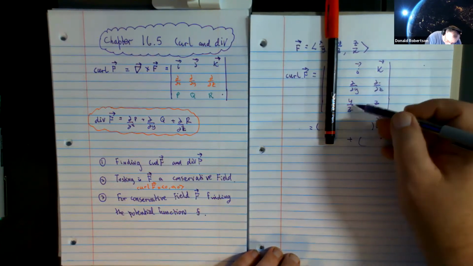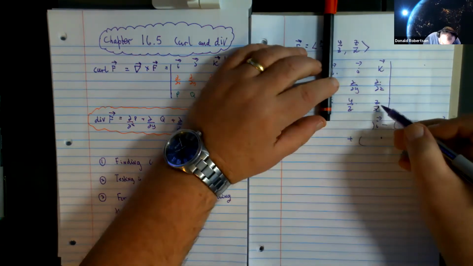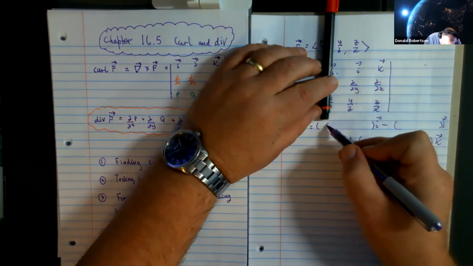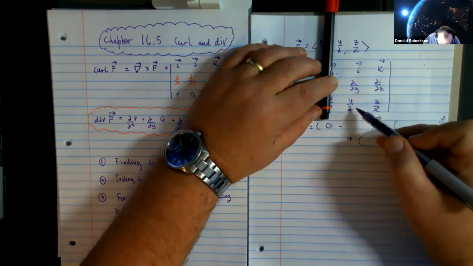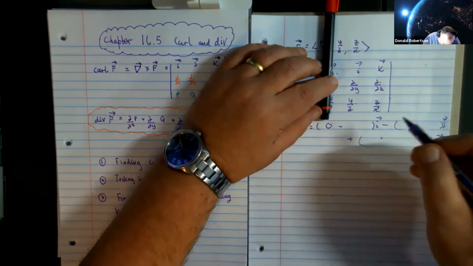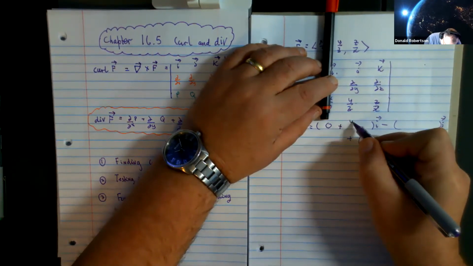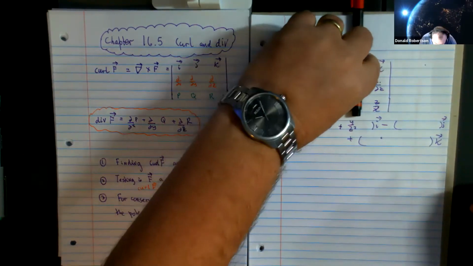And the derivative of this, so what am I going to get? The derivative of this with respect to y is 0. Take away the derivative of this with respect to z, which is negative 1 over z squared, negative y over z squared. So you get plus y over z squared. Could have been worse.